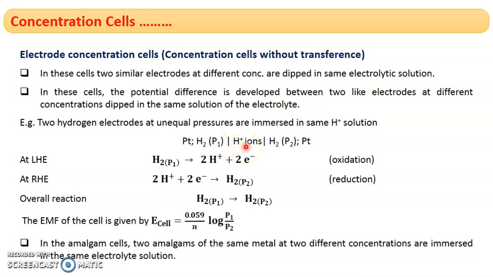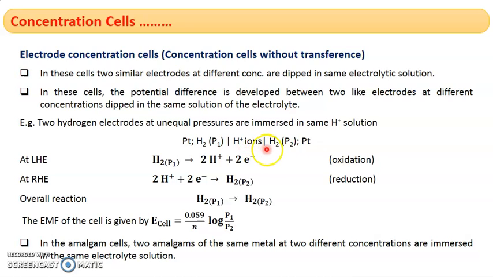We can take both electrolytes identical, with the same concentration, or simply take only one electrolyte and dip the hydrogen electrodes at different pressures into it. So in the representation, only one electrolyte is there, containing H plus ions.